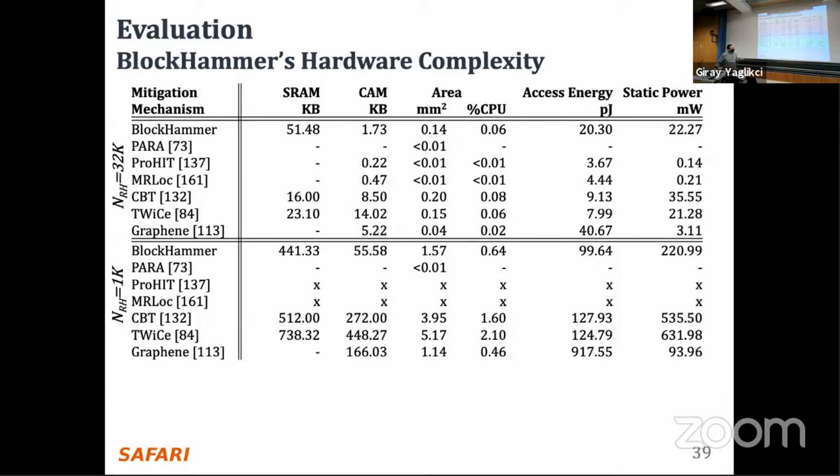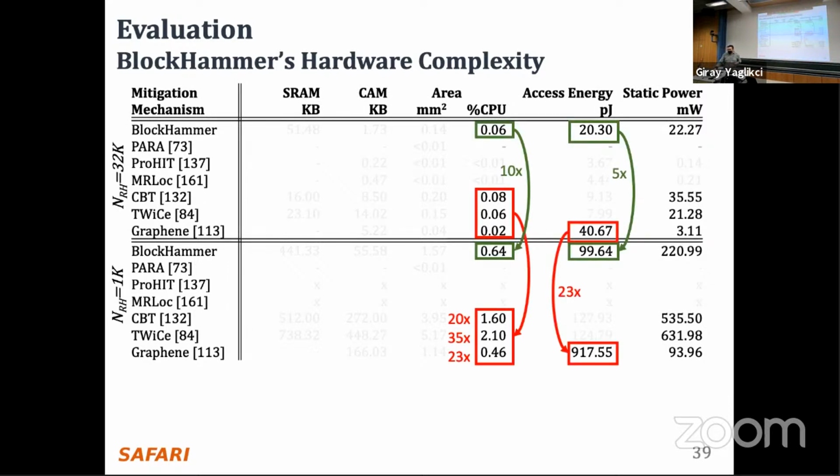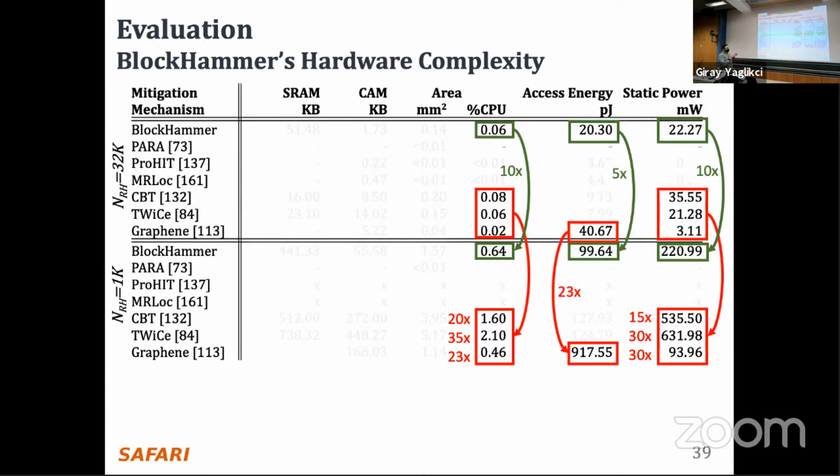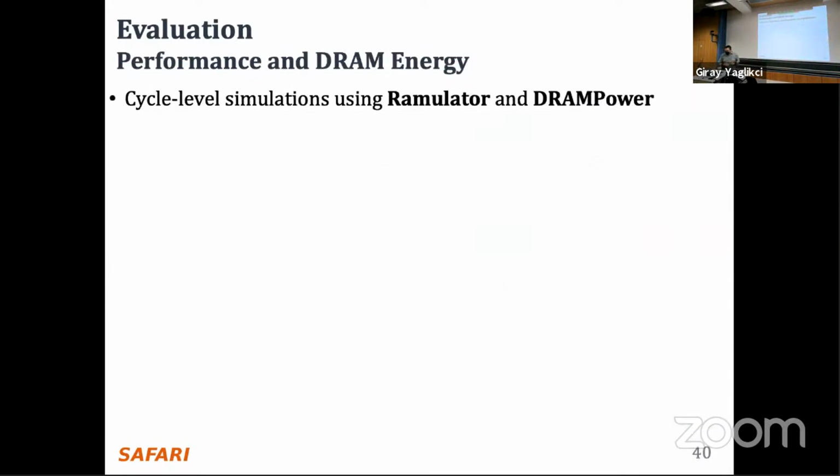We project this for future chips, and we compare how the complexity of each mechanism changes in terms of chip area, access energy, and static power consumption. We observe that BlockHammer's hardware complexity scales more efficiently than state-of-the-art RowHammer mitigation mechanisms.